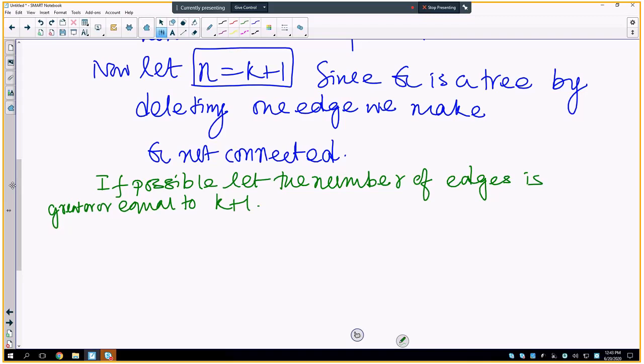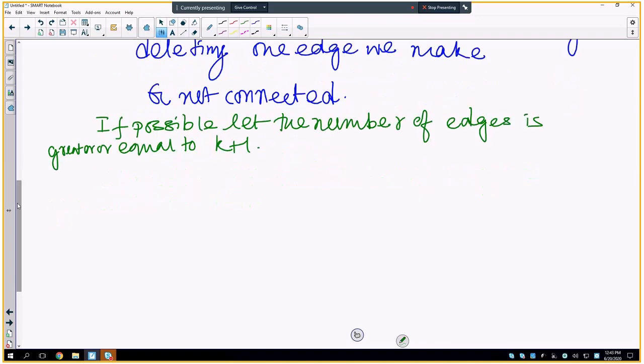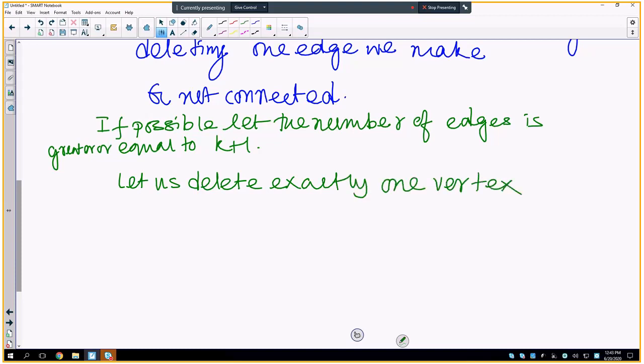Okay. So if possible, let the number of edges be greater or equal to k plus 1. Now we do what? We delete exactly one vertex. So we have k many vertices.